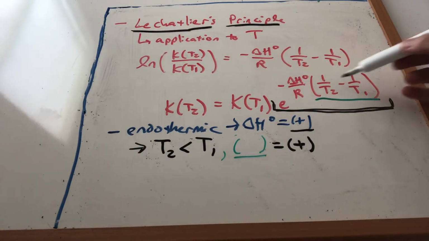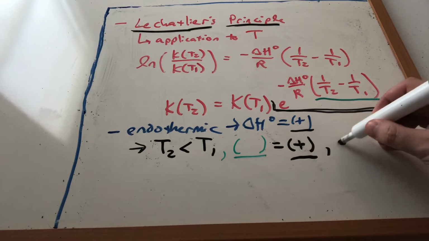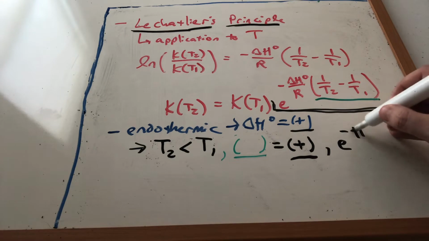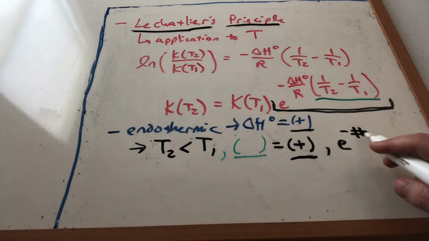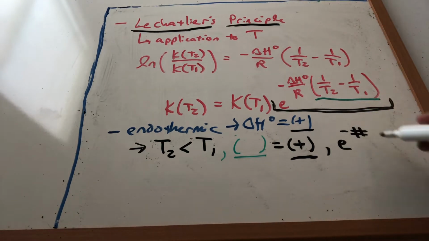This is a bigger number minus a smaller, so it's positive now. So what does our exponential look like? Our exponential looks like e to the minus a number, where all these numbers end up looking like a situation where we're going to get something that's less than 1, okay?